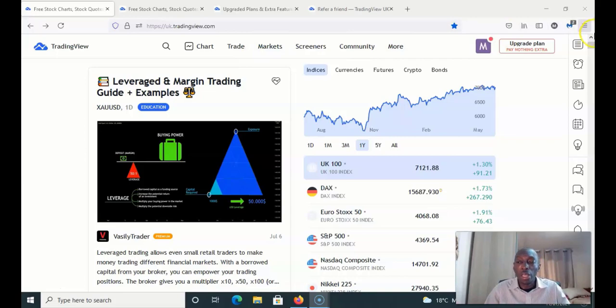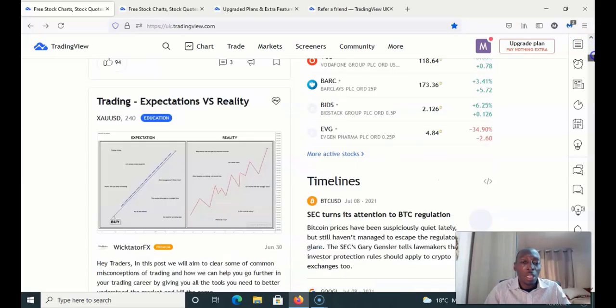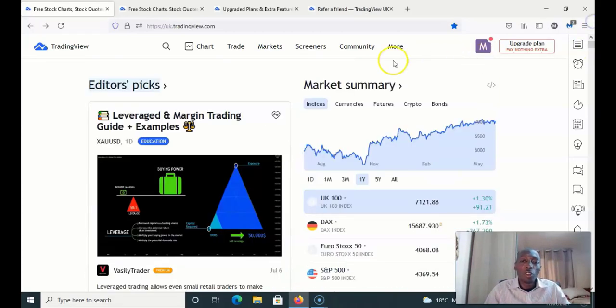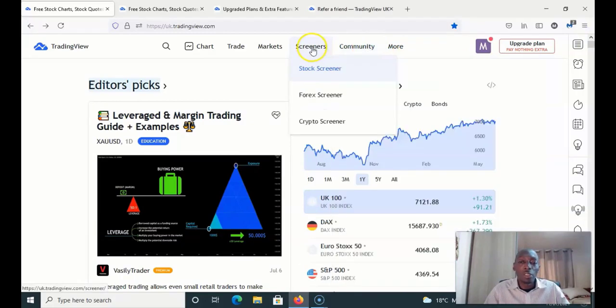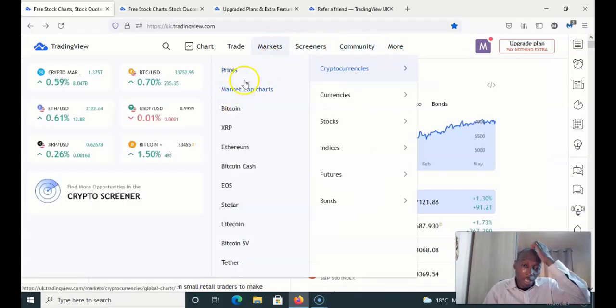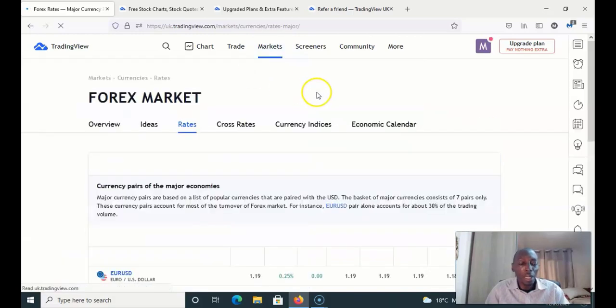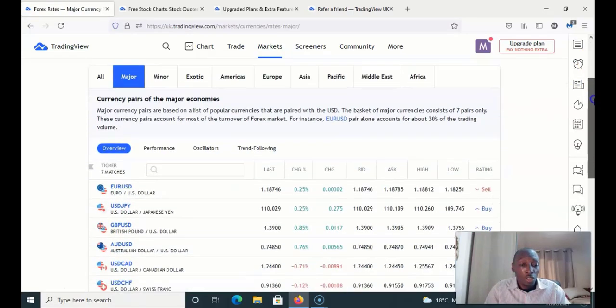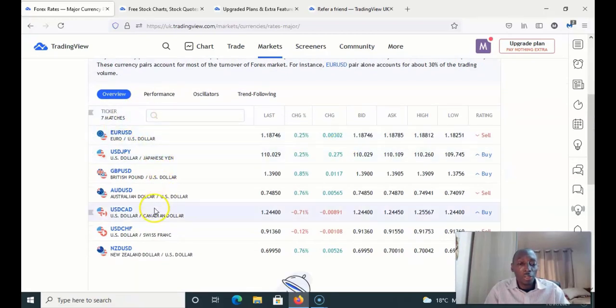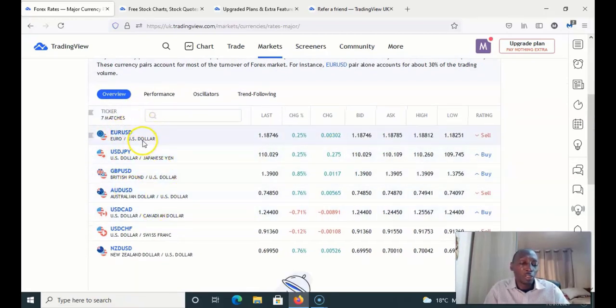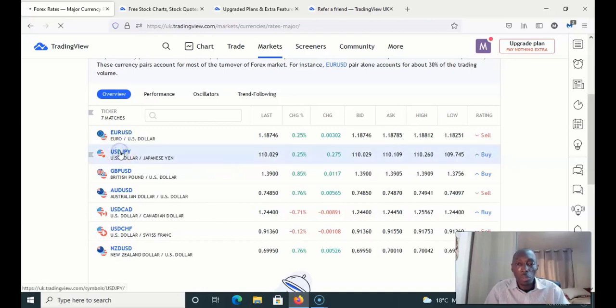So you can see this is what you get. It's really in depth. You've got ideas, you've got a community, you've got screeners, you've got markets. Say, for example, I don't trade crypto. Say these currency markets here, and look at the majors, for example. You can go to all these different charts, and say for example we're going to look at USD JPY.